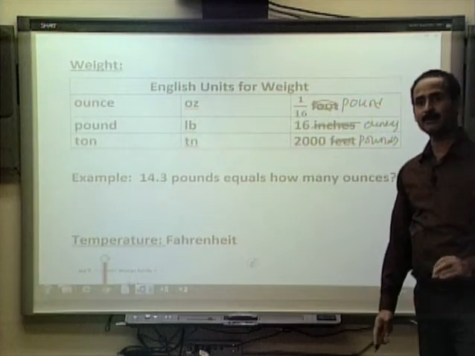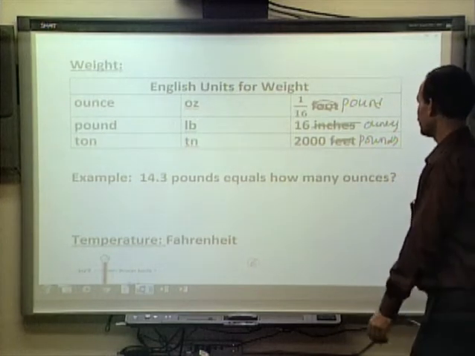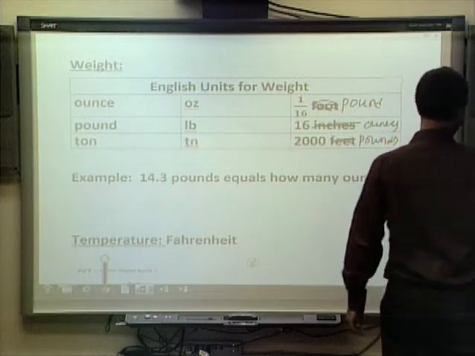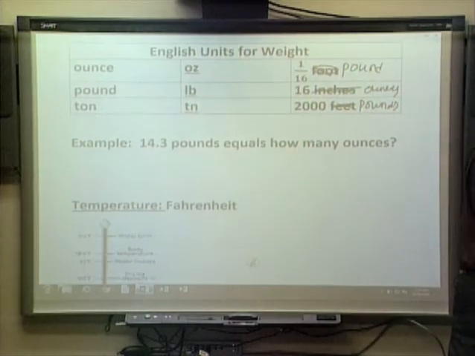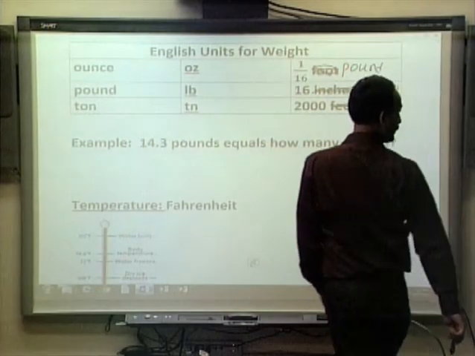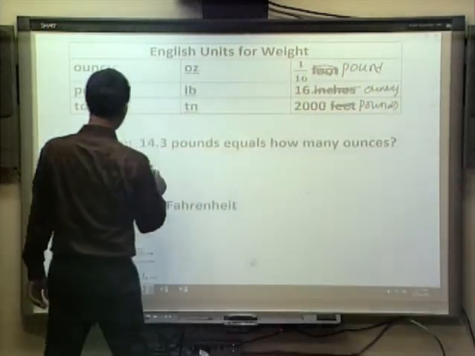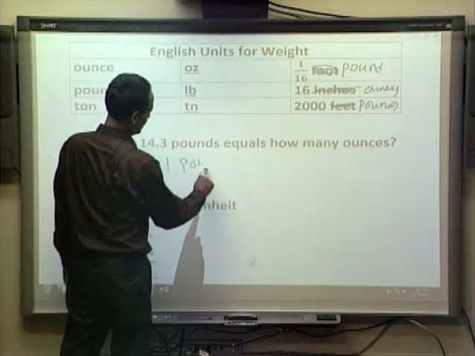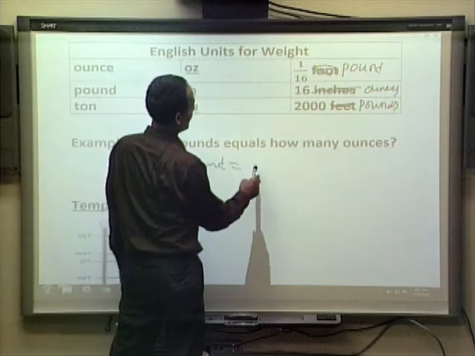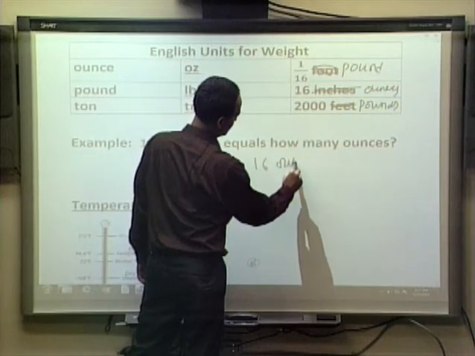Let us look at one example. How much is 14.3 pounds equals how many ounces? So, we know 1 pound is the same thing as 16 ounces.